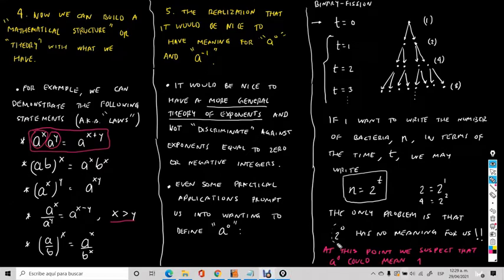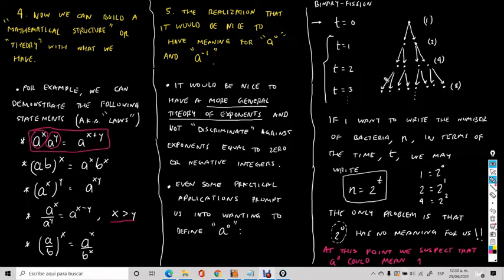This object has no meaning for us, even though this experiment is telling me that according to this pattern, according to this formula, then 2 to the 0 should be equal to 1 bacteria. The number of bacteria at time 0 should be 1 according to this. At time 0, we should have 1 bacteria. I cannot write this down because according to our theory, this has no meaning. You see the problem, guys.